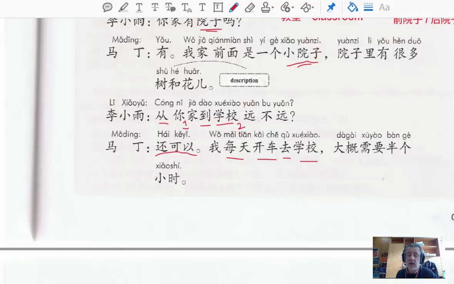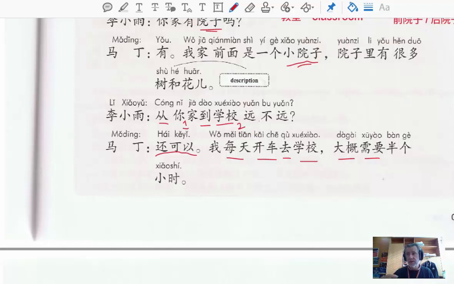大概需要半个小时. So 大概 we are very familiar with. Again, approximately, around about. 需要, to need. Now in terms of time, we would probably translate it as it takes a certain amount of time. But the word 需要 itself means to need something.